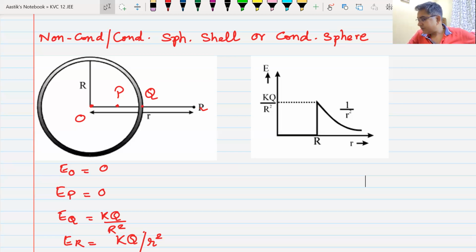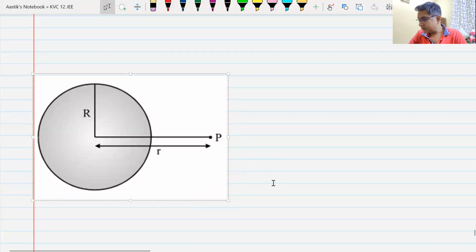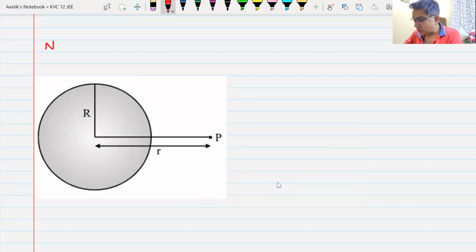non-conducting material. Because in that case, what will happen? When a sphere is made up of non-conducting material, the charge will also go inside the sphere. We understand this? The charge will also go inside the sphere. So this is a non-conducting sphere.